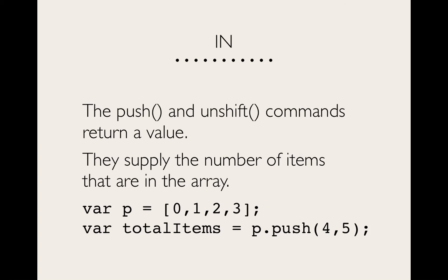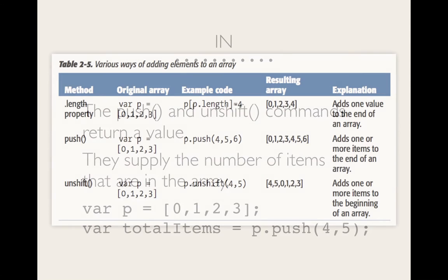Actually, there would be 6. Excuse me. 1, 2, 3, 4, 5, 6. There would be 6. That's a little weird. We'll walk through that in an example in just a little bit.